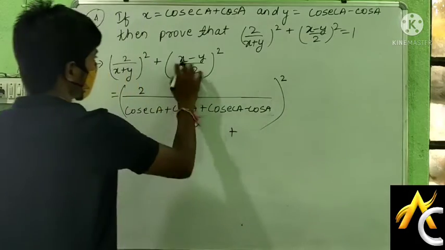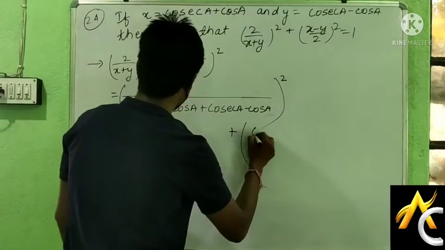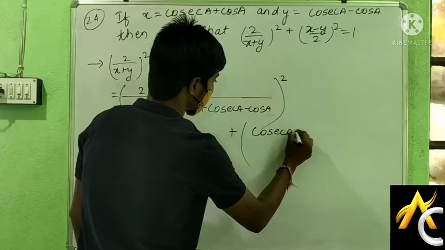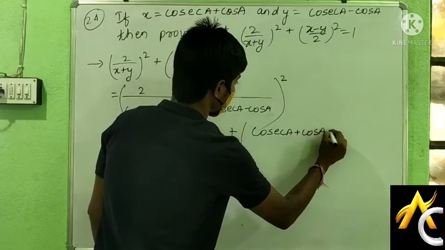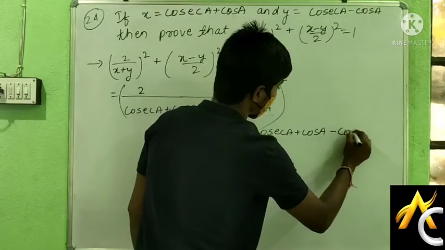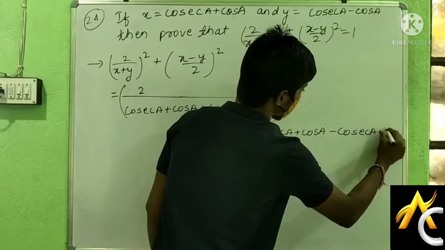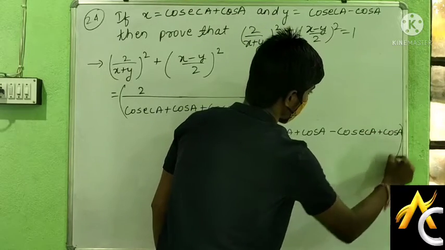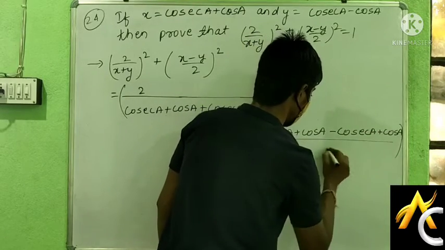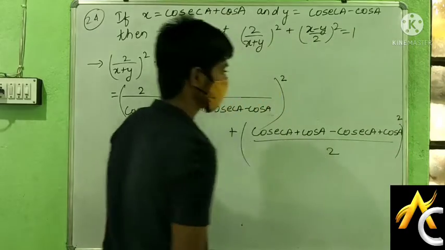plus x minus y, that is cosec a plus cos a minus cosec a minus cos a, divided by 2 whole square.